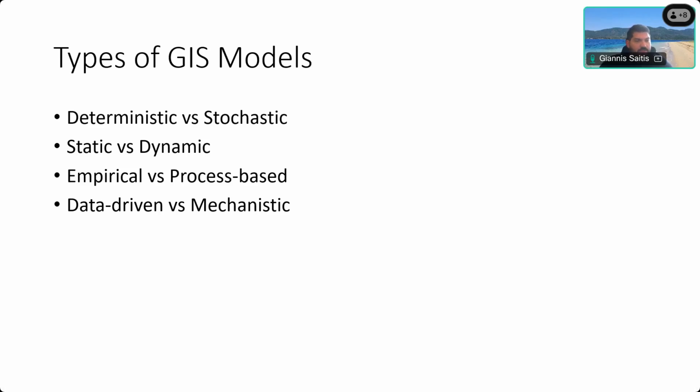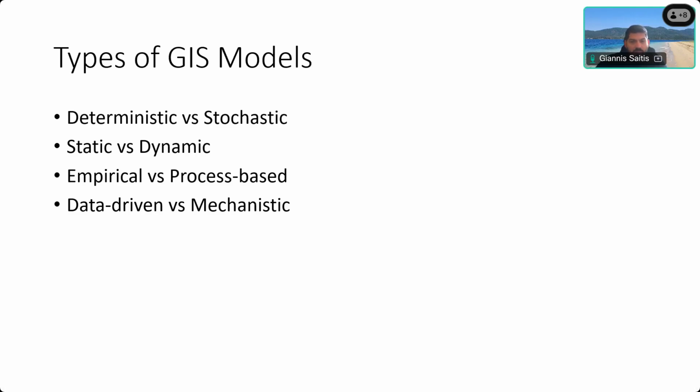We have also the empirical models, which sometimes are very useful, and the process-based models, which is also the exact opposite, and the data-driven, with its opposite, the mechanistic. Okay. Let's see some examples here to understand the differences and what is what.